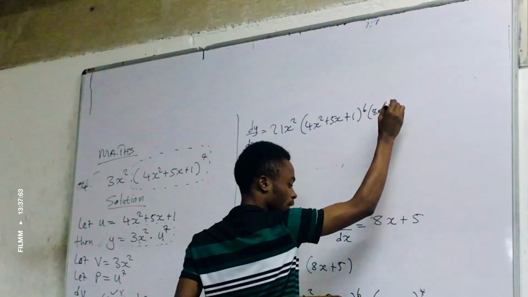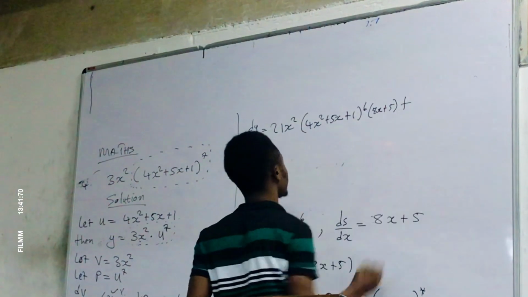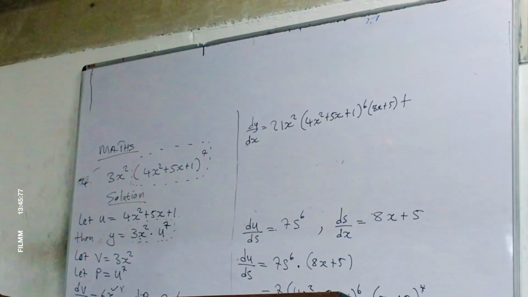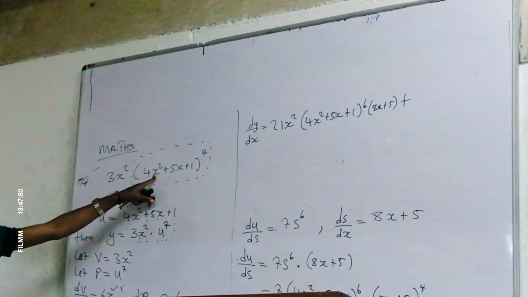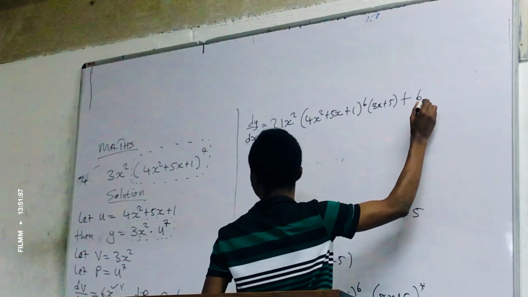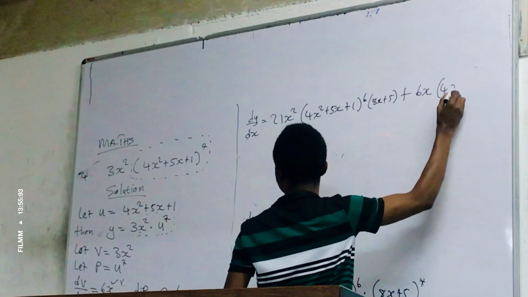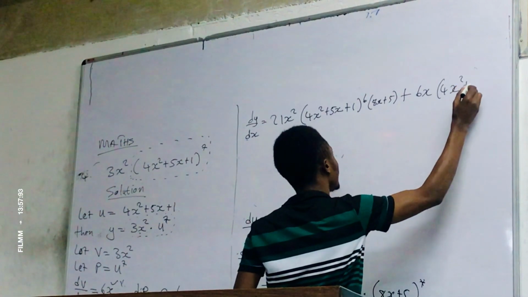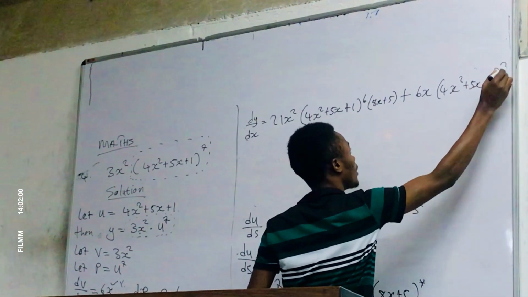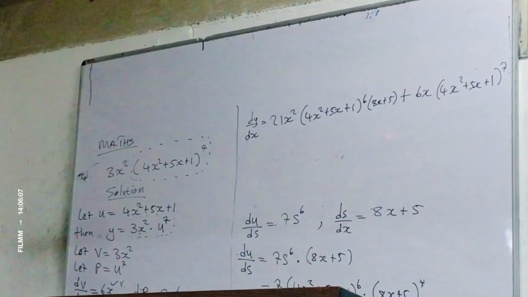And then plus, you say the derivative of that times that. So you are going to have 6x times 4x squared plus 5x plus 1 to the power 7. That should be your last answer.